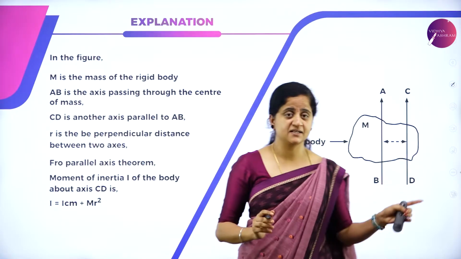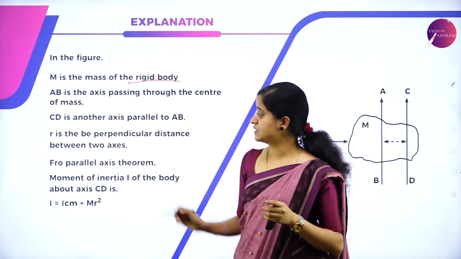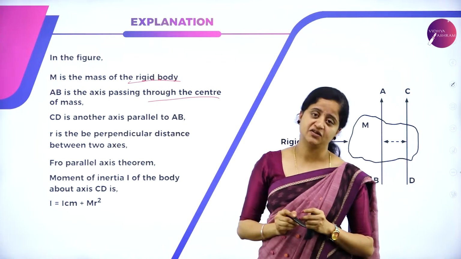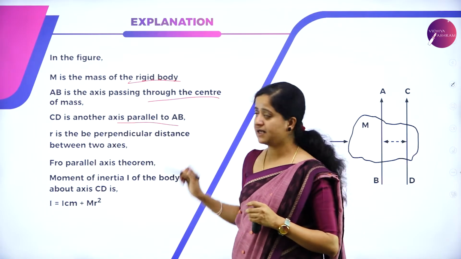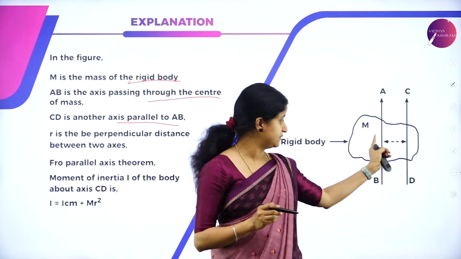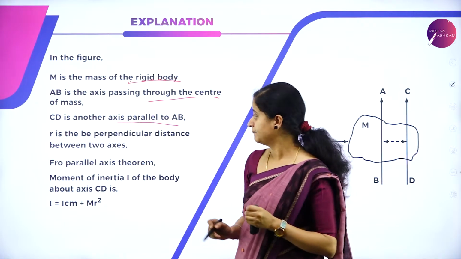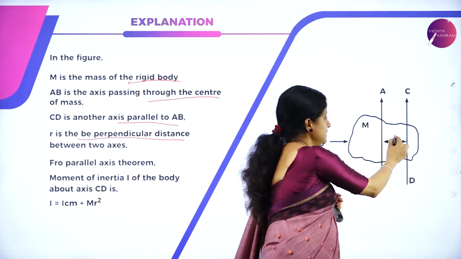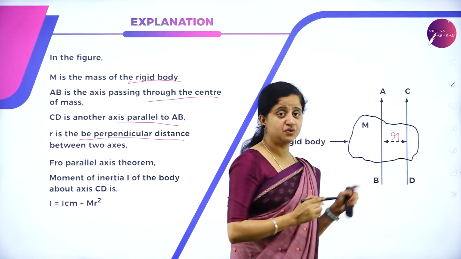So in this figure, as I told, m is the mass of the rigid body, AB is the axis which is passing through the center of mass, and CD is another axis which is parallel to AB. R is the perpendicular distance between the two axes.